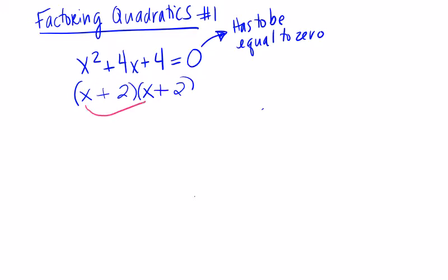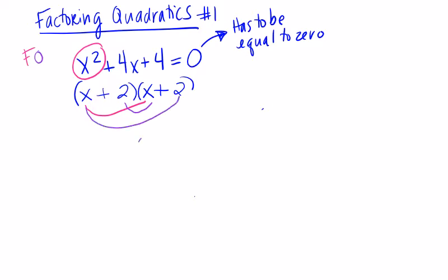We do our first part of our FOIL method. Remember, we have FOIL. Our F is for the first two numbers in our parentheses, x times x, which gives us our x squared. So we're good there. Then we do our next, which is O, so our outside and inside.